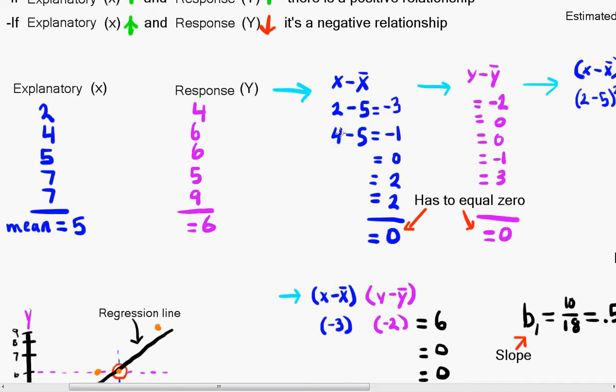And then we'll repeat that process. So 4 minus 5 equals -1, and so on. And these values right here will have to add up to 0 for both the x and the y values. And if they do not, you know you did something incorrectly.